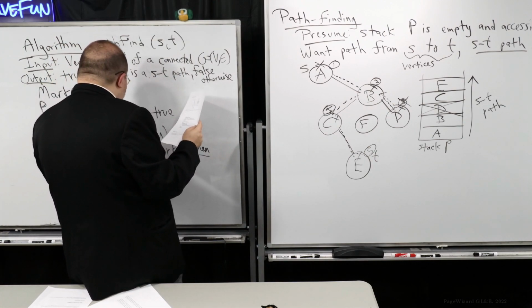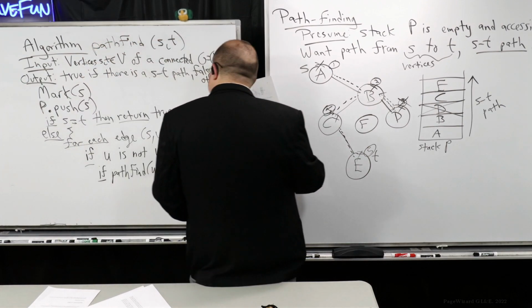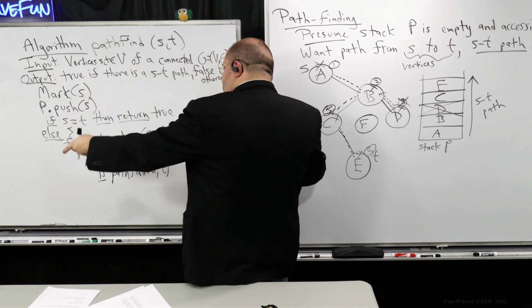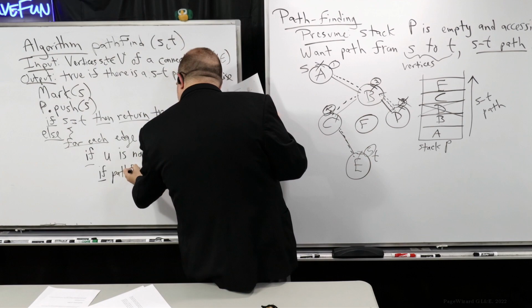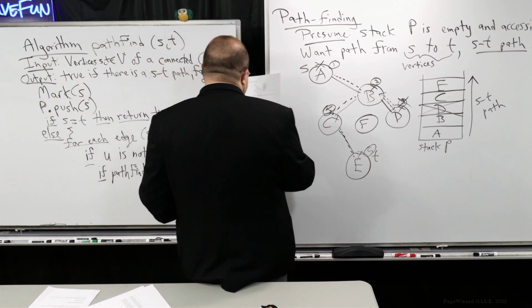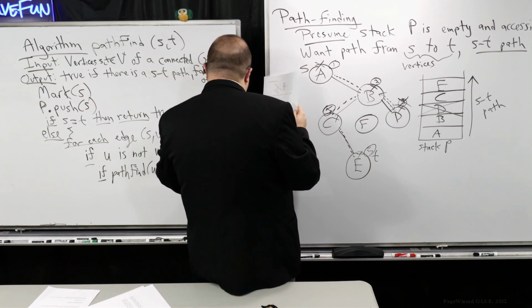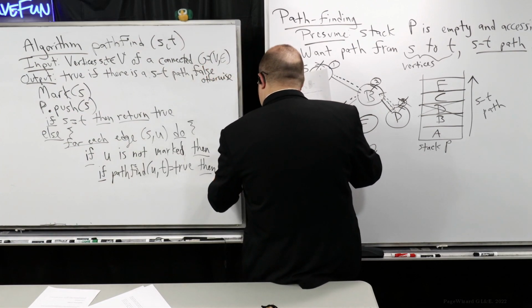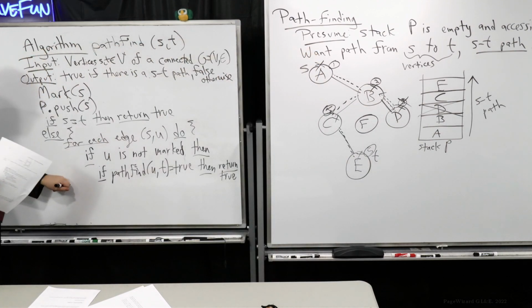If pathfind on U and T, so I'm advancing it one step forward at this call, if I'm successful at finding the ST path, then we return true. Then that's the end of the for loop.